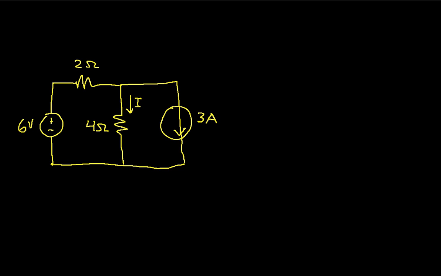So in this example that we have here, the current I might be something that we want to solve for, and the way we could solve for it would be to say that the current I is the sum of some current, say I prime, where I prime is the current due to the 6-volt source with the 3 amp source basically set to 0, plus the current, which we'll call I double prime, due to the 3 amp source with the 6-volt source set to 0.